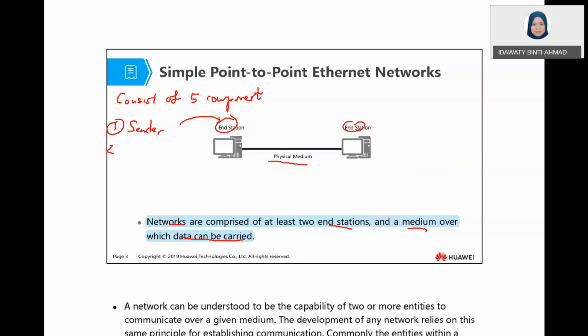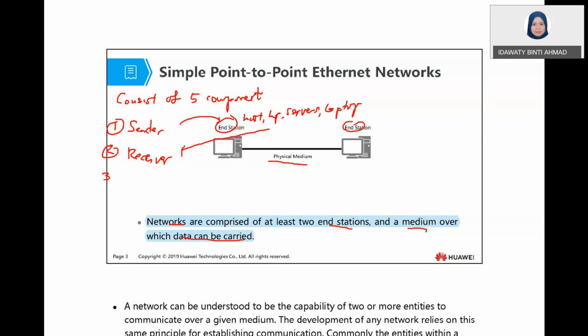Or you must also have a receiver. This can be anything: host, handphone, servers, laptop, anything. Any device can be a sender and a receiver. One end must be a sender, one end must be a receiver.